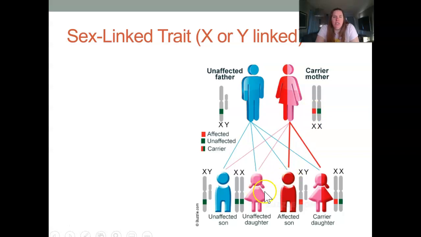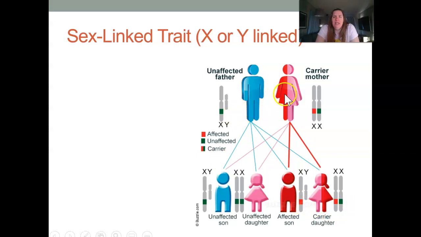So a daughter can either be unaffected, with both copies of the normal X chromosome, or she could be a carrier, because remember, this is a recessive trait. Even though she has the trait allele, she has that dominant allele to protect her phenotype from manifesting whatever this disease or trait might be.